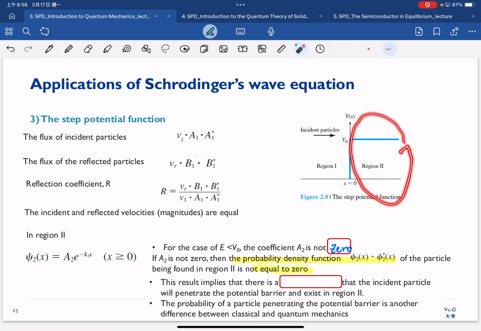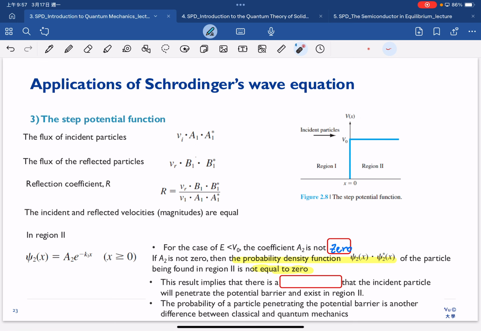That's the key point. This is the main difference compared to classical physics. In classical physics, you will not be able to find any carrier or object in region 2 because everything will be completely rebounded. But in quantum physics, there is indeed a probability to find the electron in region 2.